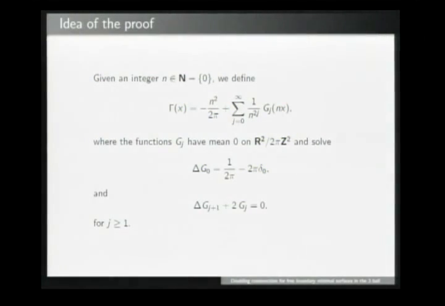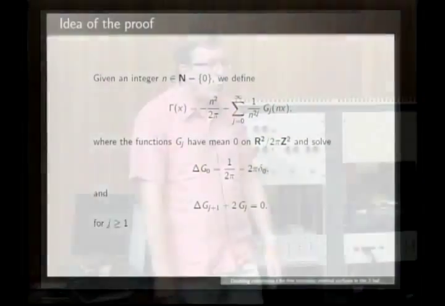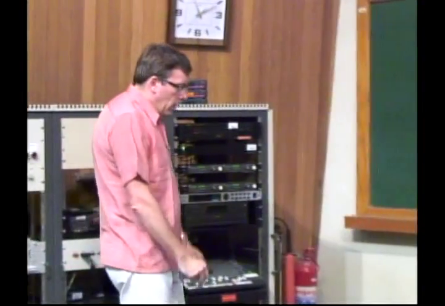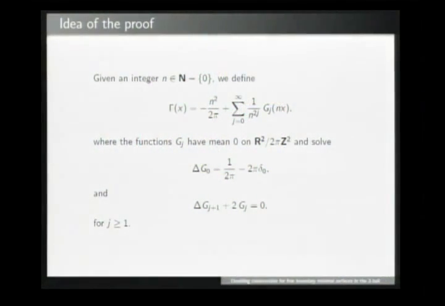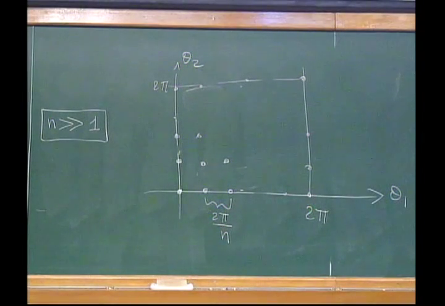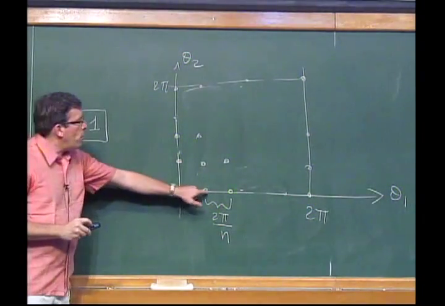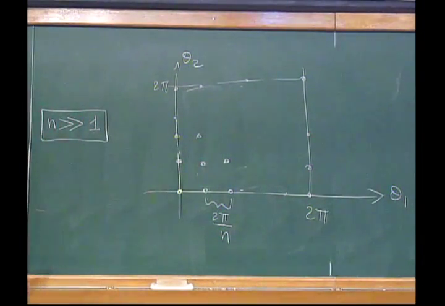So again, what you have to do is work with a Green's function. What would be gamma? Gamma will be a harmonic function, and this function has the property that it has a singularity at each point of this lattice here.